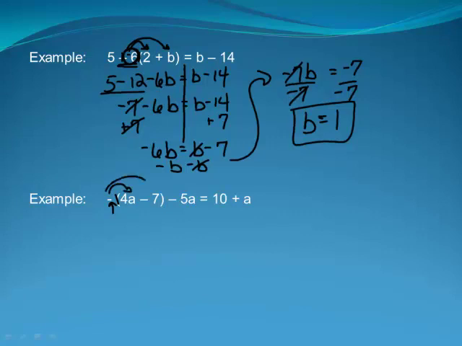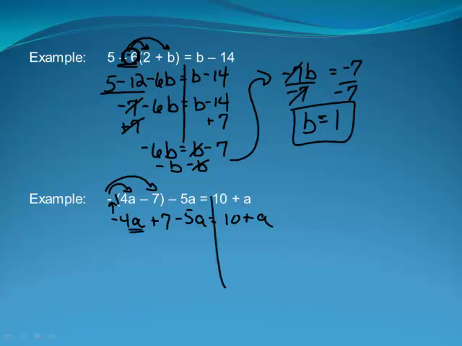But either way, you do have to distribute that negative sign throughout that group when you're removing those parentheses when you're distributing. So negative of a positive 4a, or negative 1 times 4a, gives you a negative 4a, and negative 1, or the negative of a minus 7, is a positive 7. Negative times negative is a positive. Minus 5a is equal to 10 plus a.